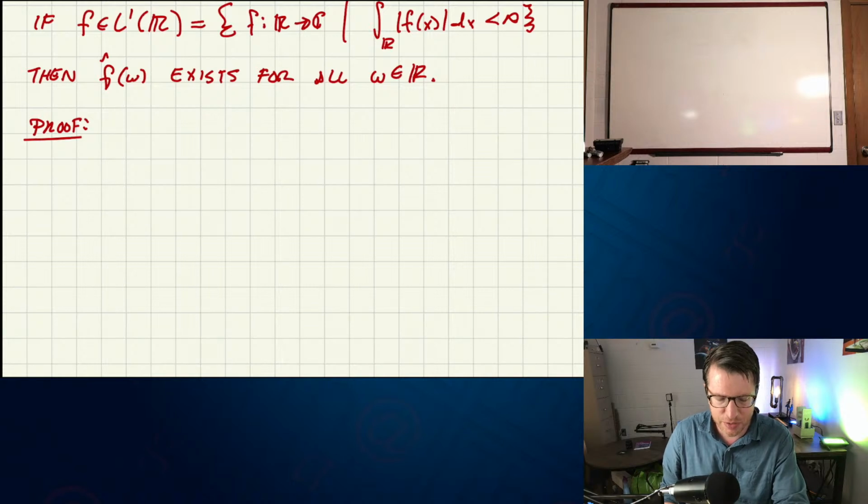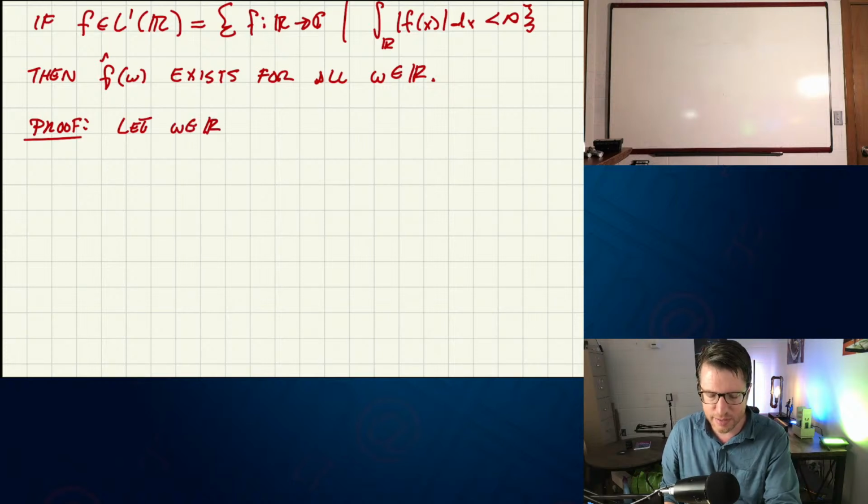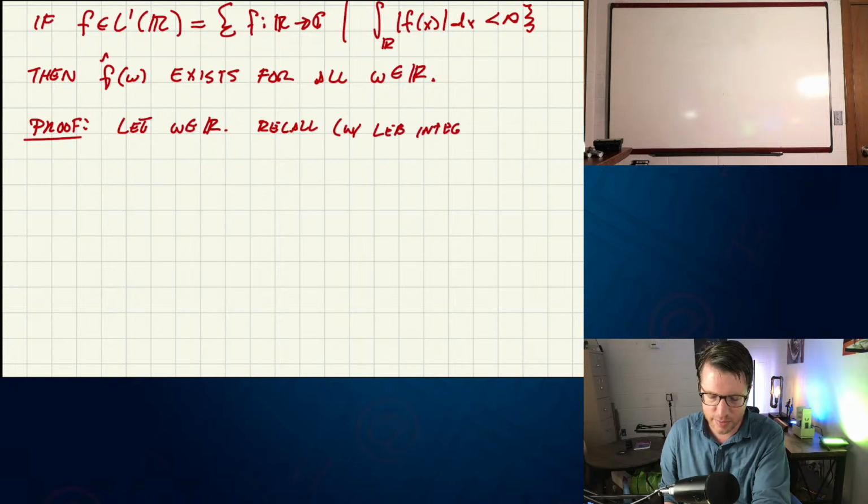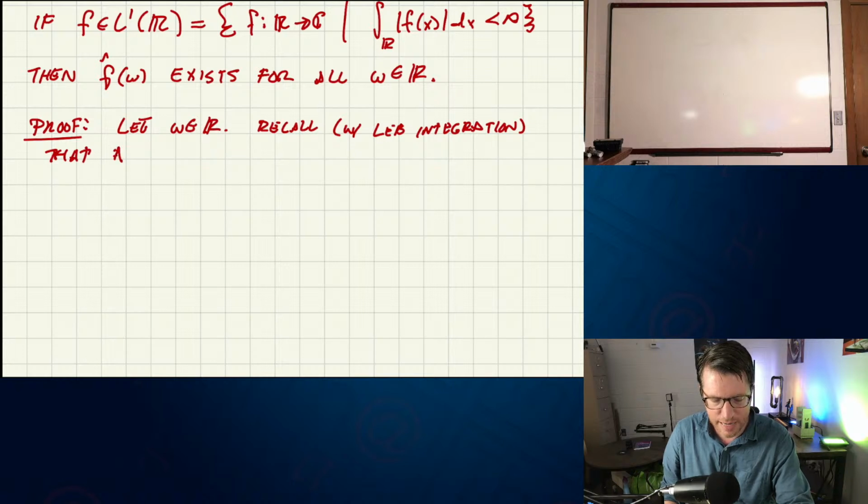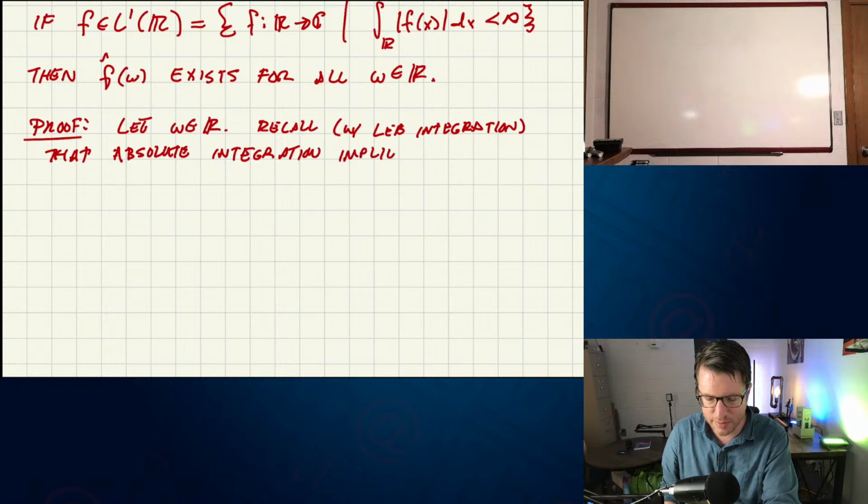Essentially, we let omega be in R, and recall that with Lebesgue integration, absolute integrability implies integrability.